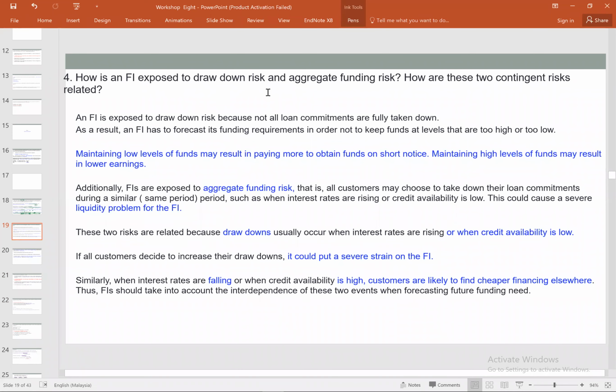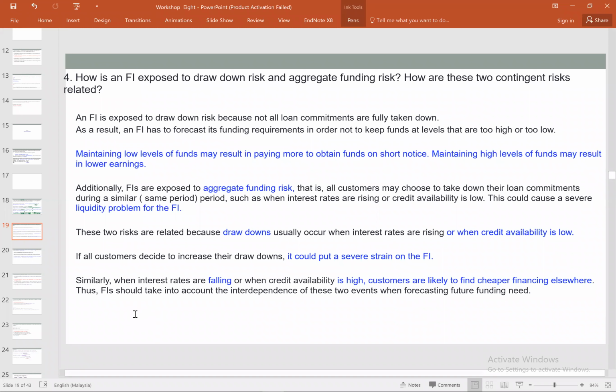So this is about the drawdown risk and aggregate funding. Please understand that when there is a drawdown, that will actually create an aggregate.